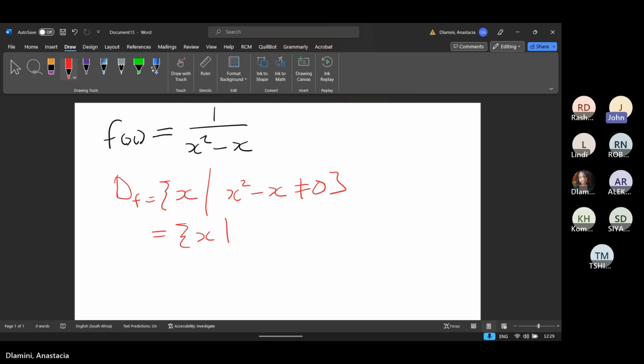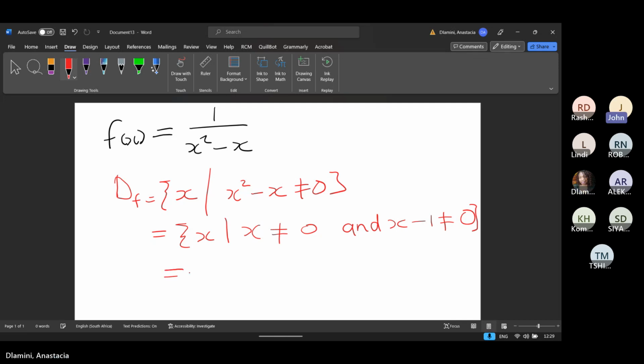x is equal to 0. And x minus 1 is equal to 0. No, not equal. Equals to or not equals to? Not equal to. Okay.